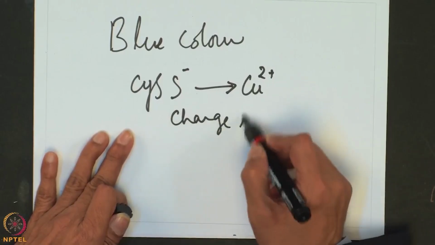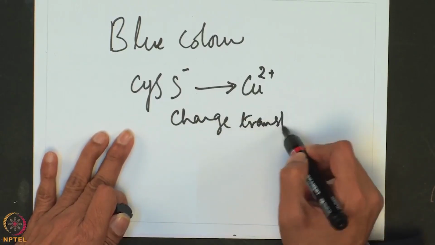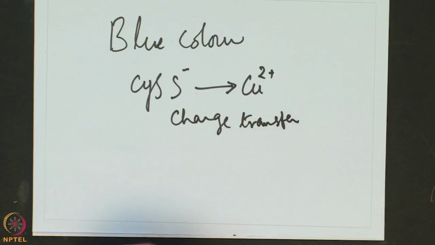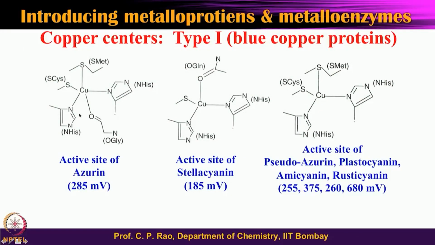So, this is a charge transfer transition. Wherever you have a type 1 site, you will find this kind of blue copper color. Type 1 has nothing to do with the copper 1 state or copper 2 state, so type 1 and copper 1 should not be confused.